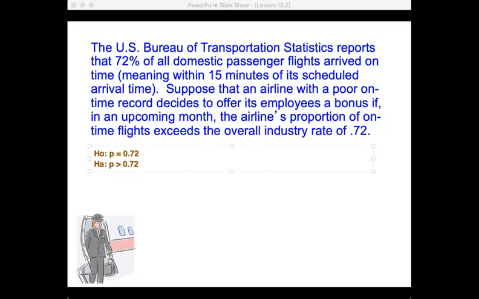So reading the problem, I know that the alternative means that the bonus helped improve the on-time rate. All right, so I'm going to say the bonus helped, or the bonus improved the on-time rate.